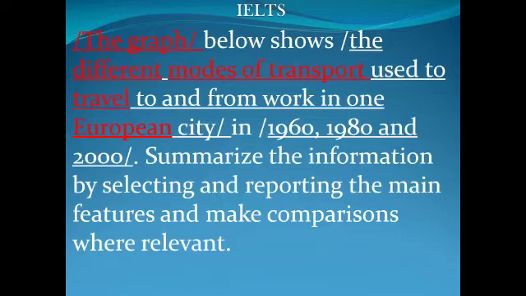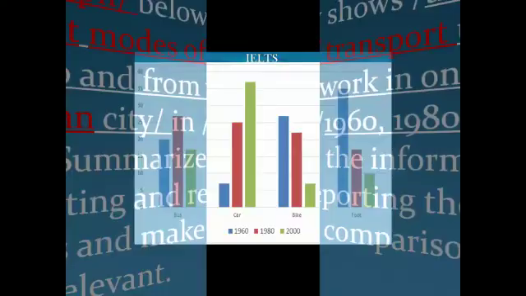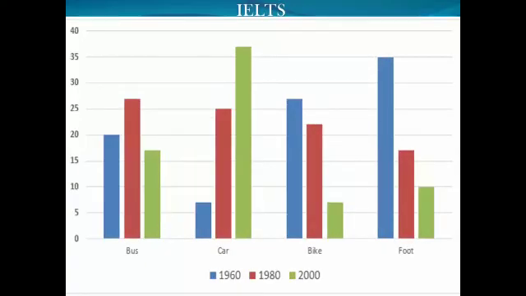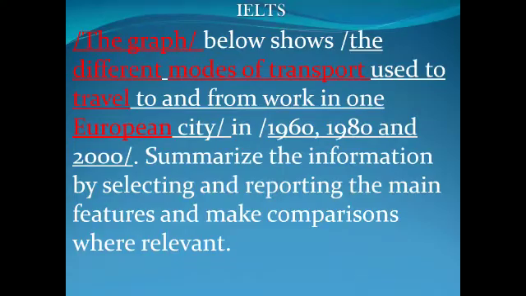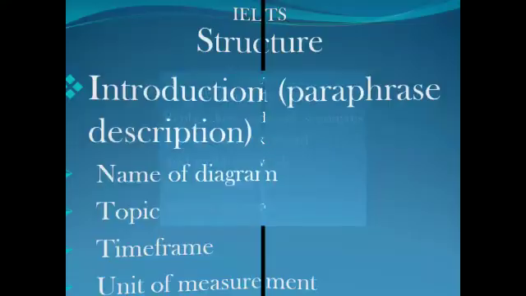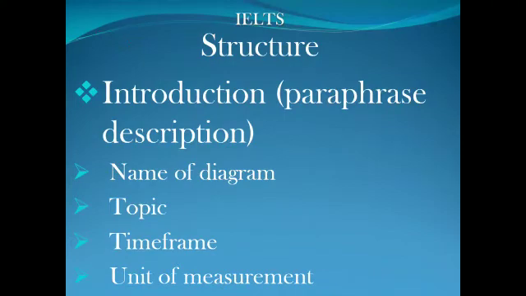So by this, you're paraphrasing the description of this particular diagram that we have to consider. When you're writing your introduction, you need to make sure that these 4 parts that you can see on the screen is there. You wouldn't have all 4 of them in every instance.